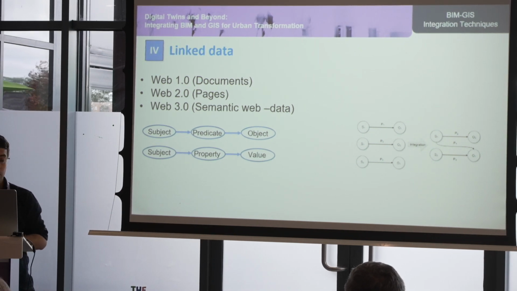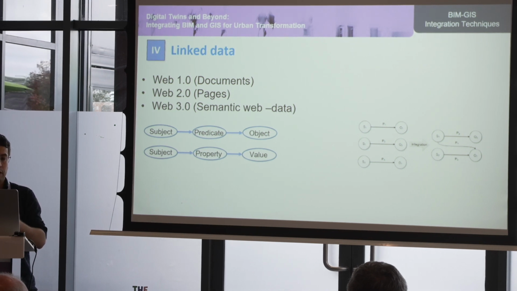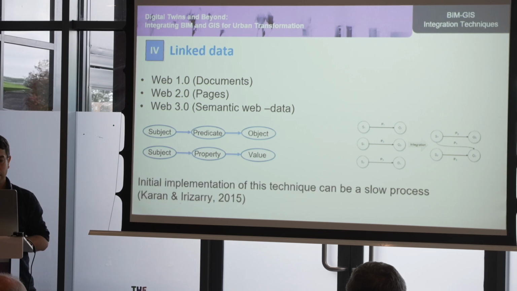Then we have Web 2.0, which is the web pages that we are using. And then we have Web 3.0, which is the semantic web. So we can represent our IFC or CityGML in triples, then connect these triples and create a model from it. However, the disadvantage of this method is that the initial implementation of this technique can be very slow.